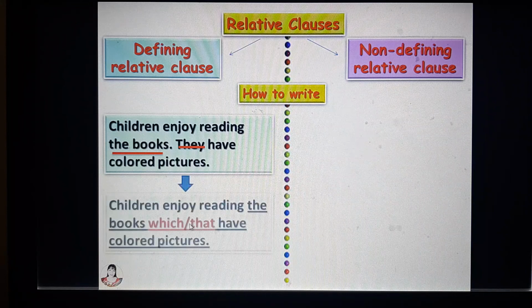And we can write, children enjoy reading the books which or that have colored pictures. Remember, which or that have colored pictures is a defining relative clause. A defining relative clause stands behind the noun. You have underline. Understand?